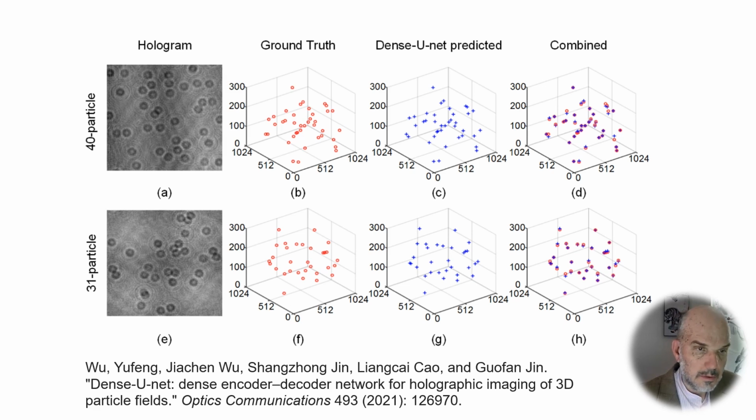The red curves are the ground truth of a bunch of particles distributed over space. The blue plus signs are the reconstructions using a neural processor, and then at the right we compare the ground truth with the reconstructions. The process of creating these multidimensional projections from single holograms is the topic of today's discussion.